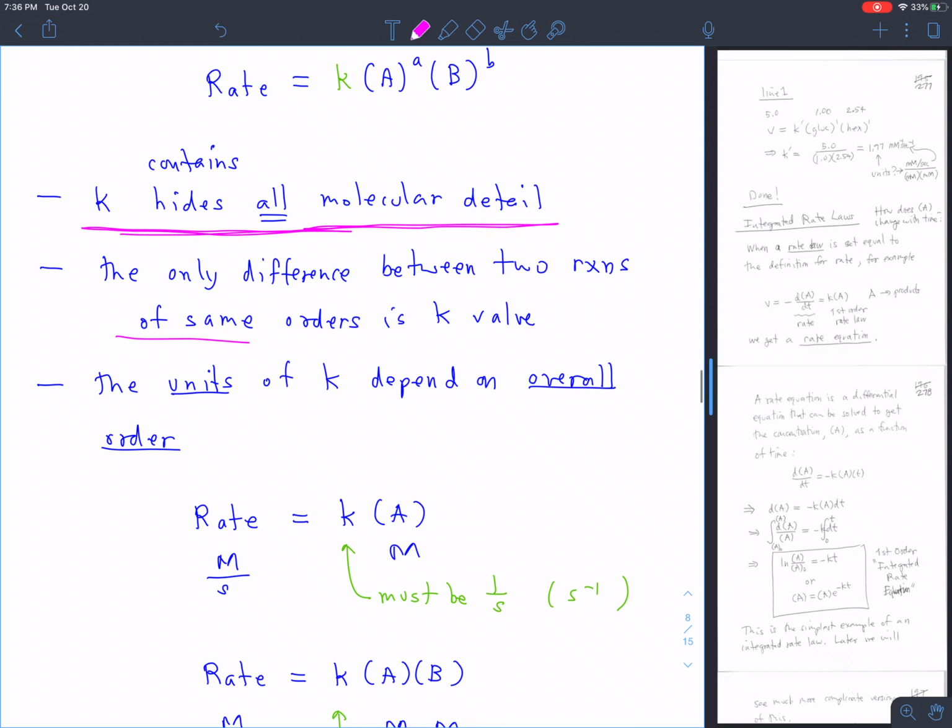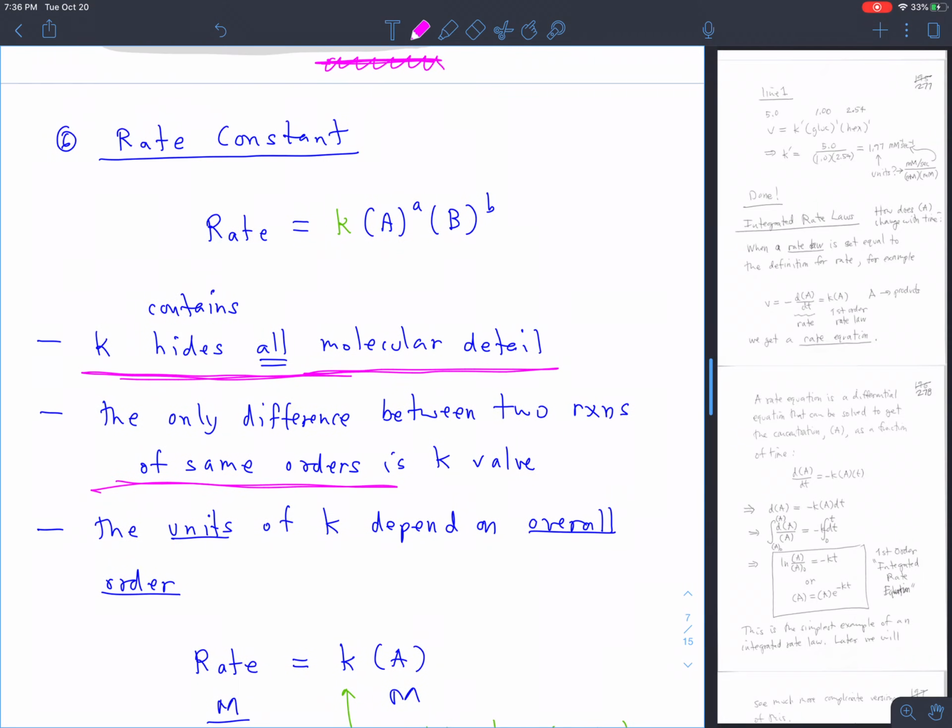It's the only way to tell one reaction from another, right? If I have A plus B goes to C, and I have 2A plus 3B goes to C, let's say D, those are two different chemical reactions, right? They have the same reactants, but they're two different chemical reactions, different products, in fact.